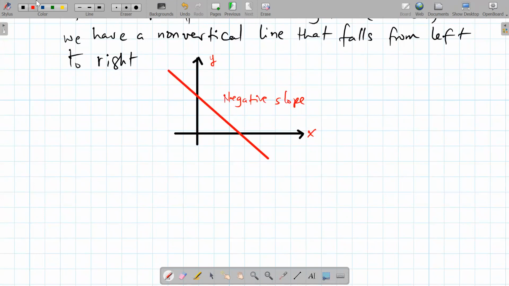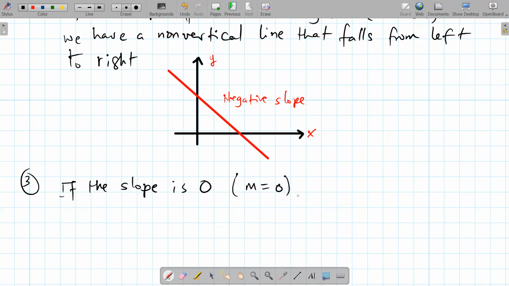Then we have the third one. If the slope is 0, right? That is m equals 0. Then the line is horizontal.